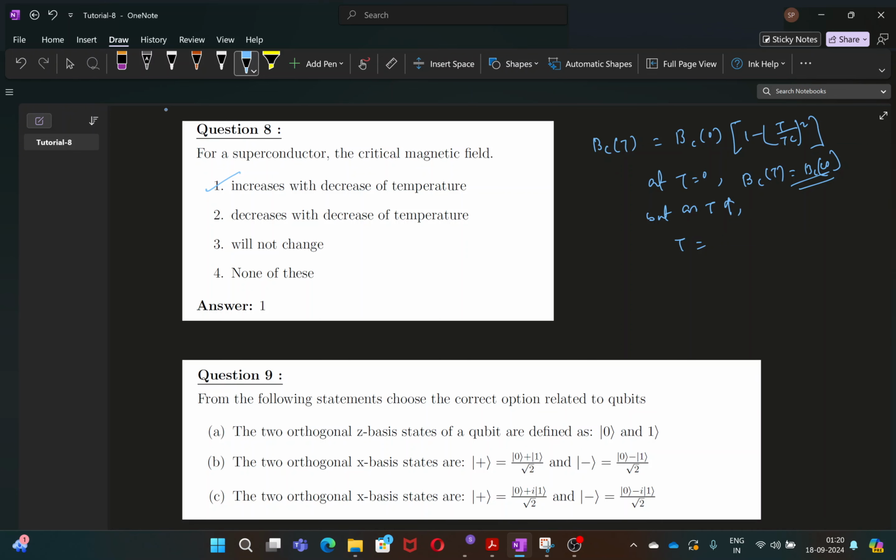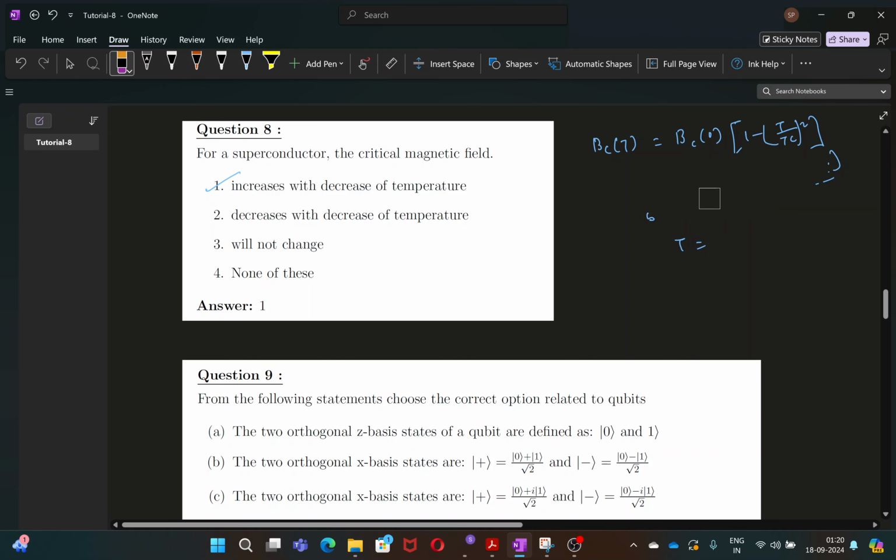Sorry, let us draw the diagram. This is your BC and this is your temperature. This is your Tc. This is your T equal to 0 Kelvin. So this is the BC0.